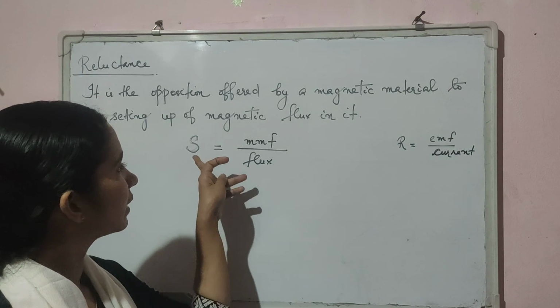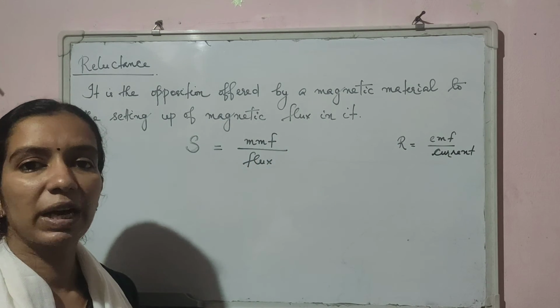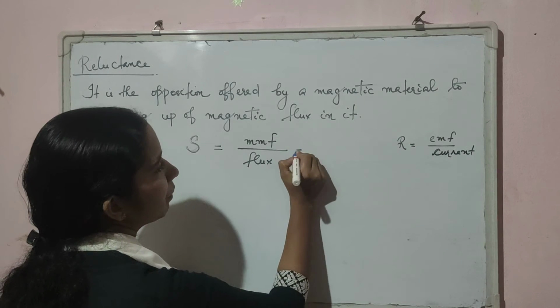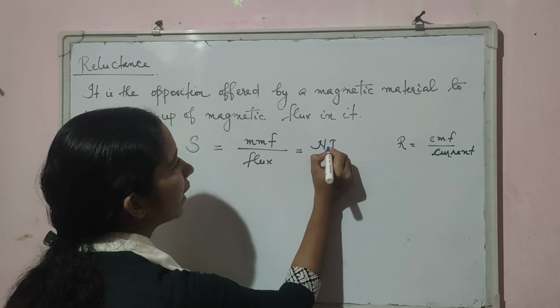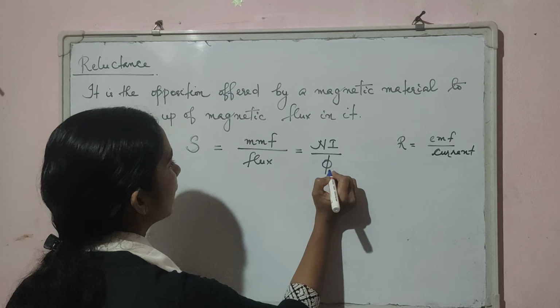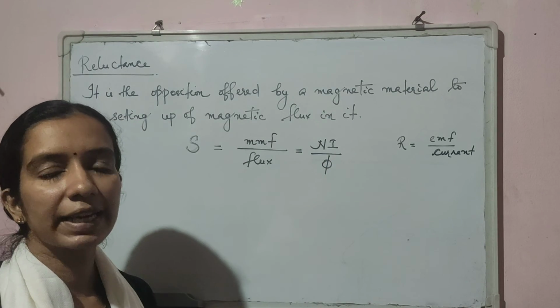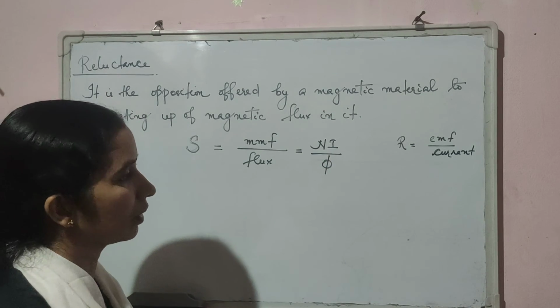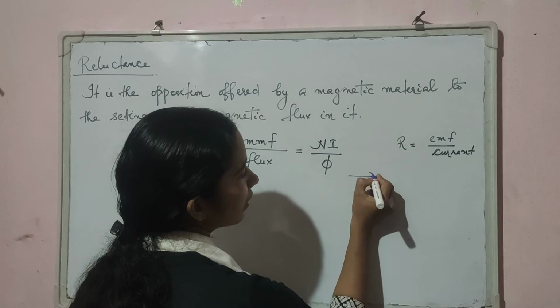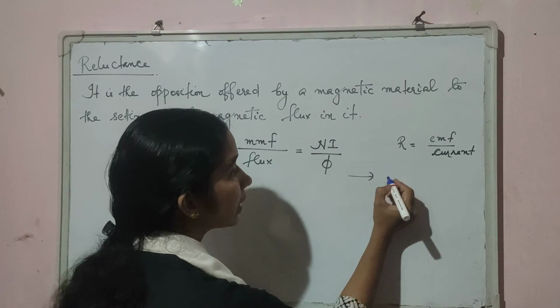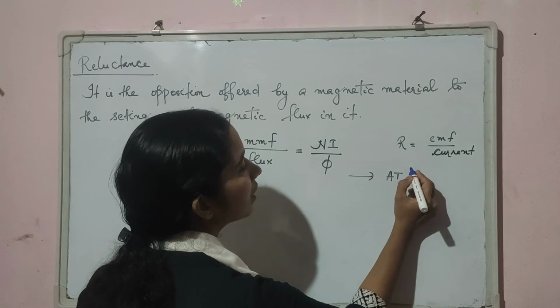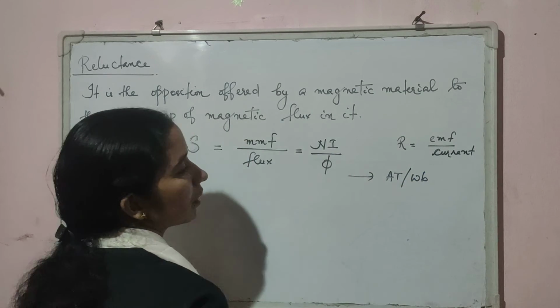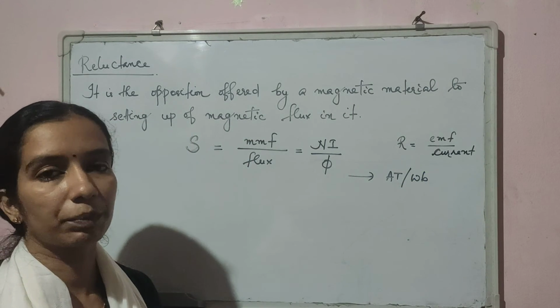So we can write S is equal to MMF by flux. And we know MMF is equal to N into I, and flux is phi. So S will be equal to Ni by phi. So from this equation, the unit of reluctance is ampere turns per Weber.